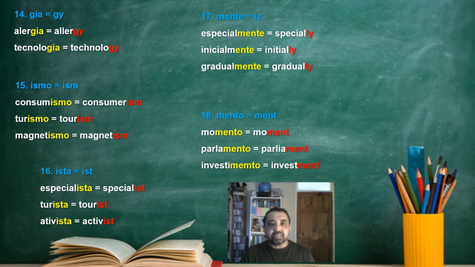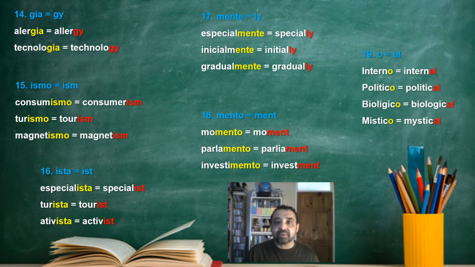So moment, momento, parliament, parlamento, investment, investimento. Number 19, words generally ending in "al" become "o", like internal, interno, political, político, biological, biológico, mystical, místico.